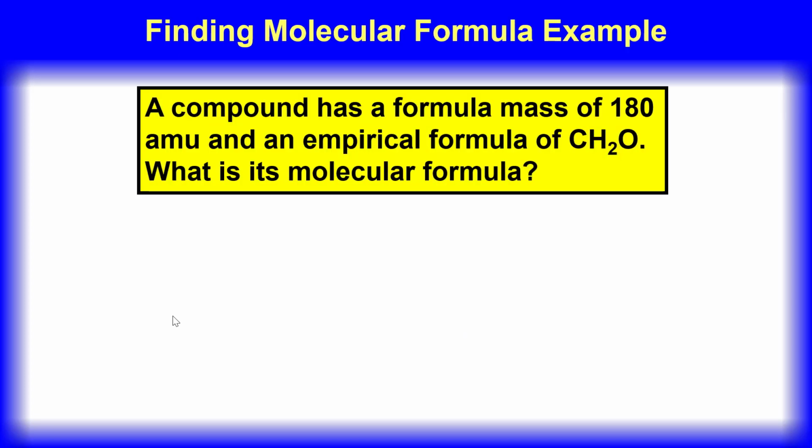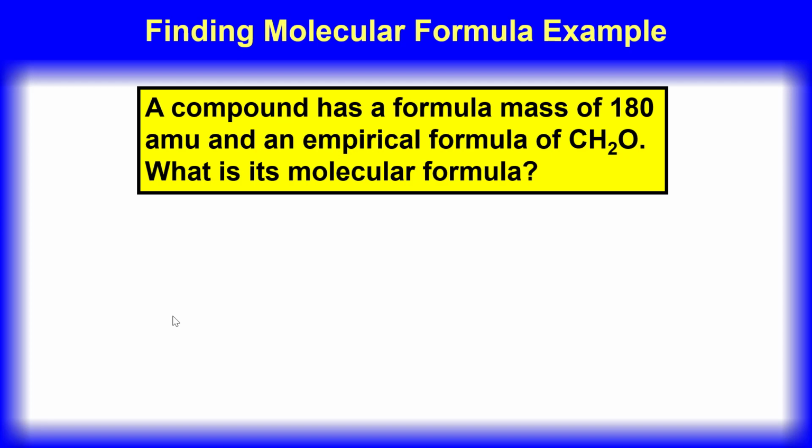So let's say we have a compound that has a formula mass of 180 grams per mole, or AMU, and its empirical formula is CH2O. What is the molecular formula? We know the molecular formula will have numbers greater than 1, 2, 1. How many more times greater?